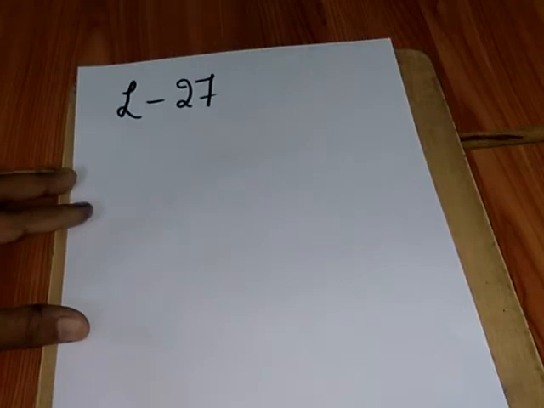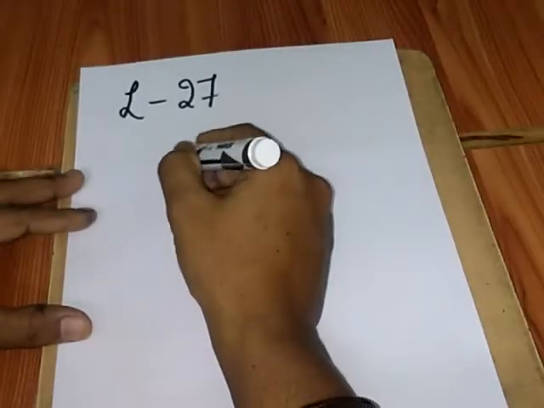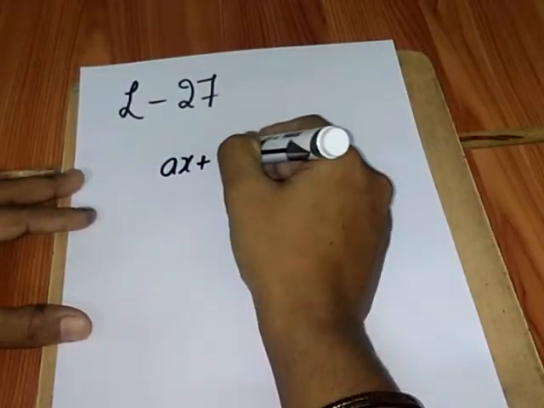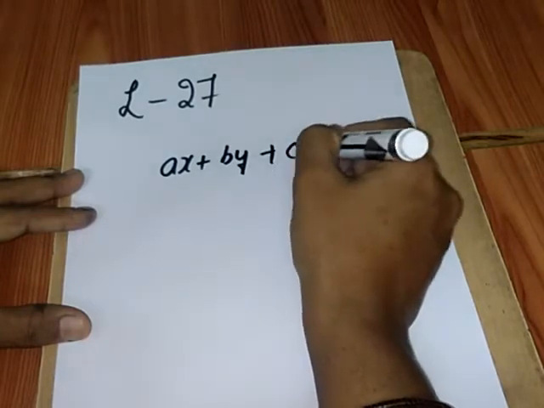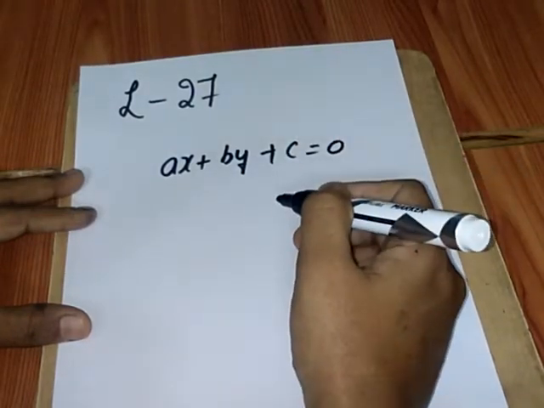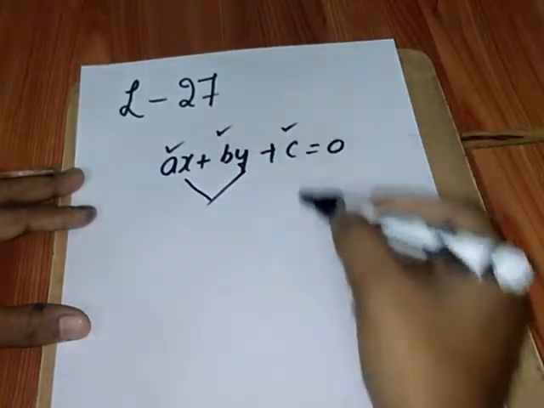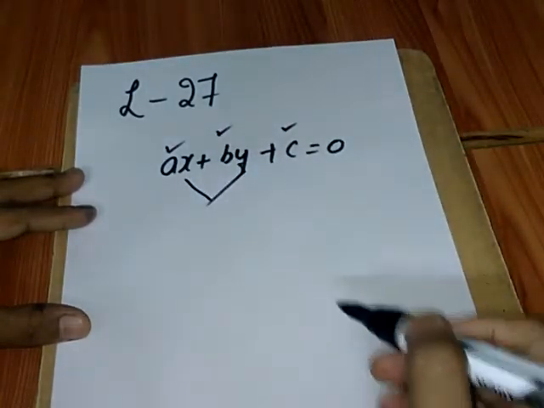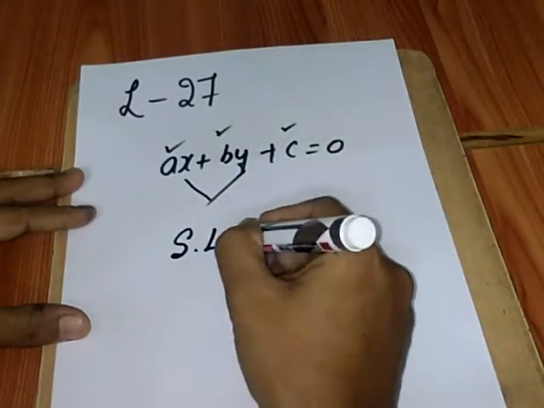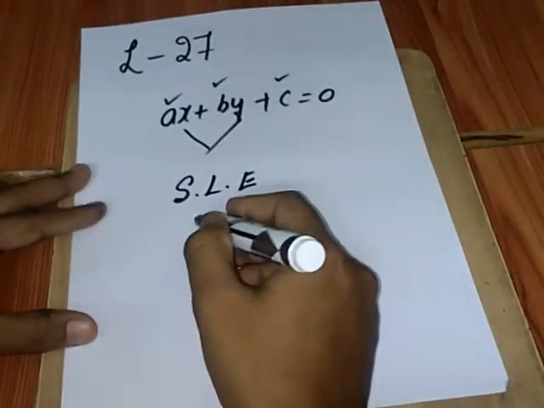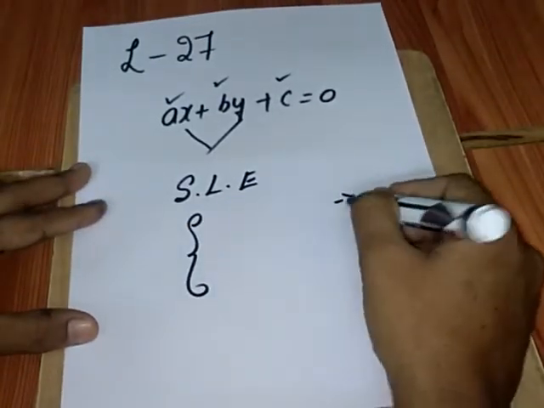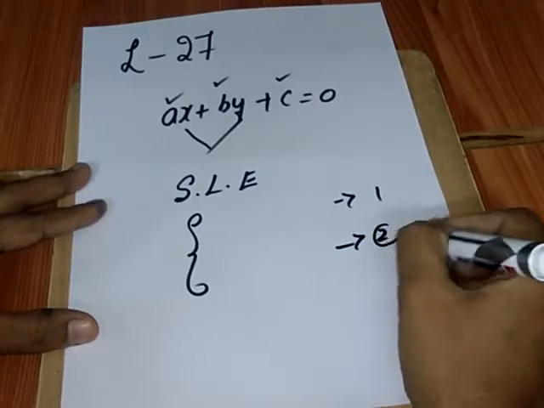So we know that a linear equation will be in the form of ax plus by plus c is equal to 0. Here x and y are the variables and a, b and c are the constant terms. So simultaneous linear equation means there will be two equations called equation 1 and equation 2.